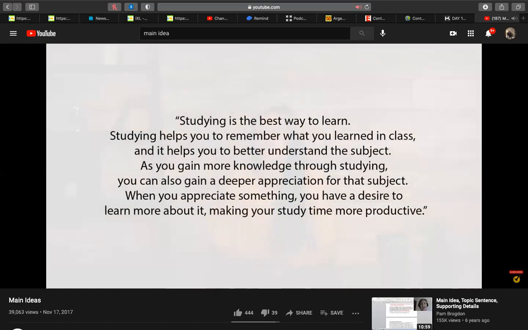As you gain more knowledge through studying, you can also gain a deeper appreciation for that subject. When you appreciate something, you have a desire to learn more about it, making your study time more productive. The topic of this paragraph is studying. The topic should be composed of one word if possible, but sometimes it can be a very short phrase like study hard or keep studying.